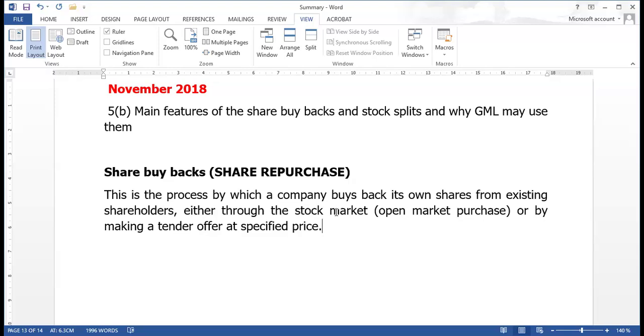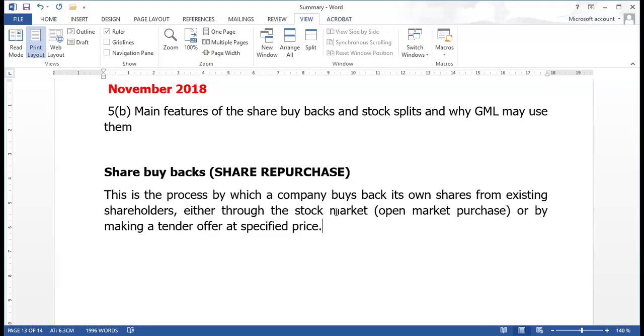You may cancel them in your books, or you may put them under the treasury shares. Whatever is indicated under treasury shares, whatever is cancelled, it will have an impact. It means that actually we don't have many shares in existence.